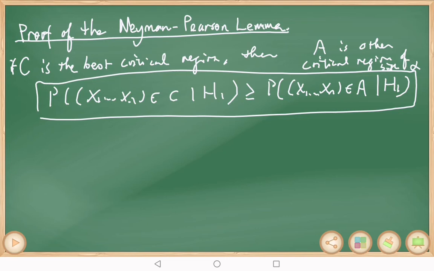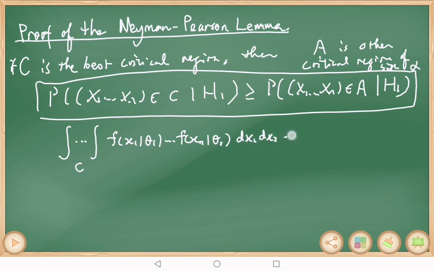And we need to show this by using the hypotheses in the Neyman-Pearson lemma. So essentially, if we are concerned with continuous random variables, the left-hand side here would be the multiple integral over the region C of the joint density function, dx1, dx2.